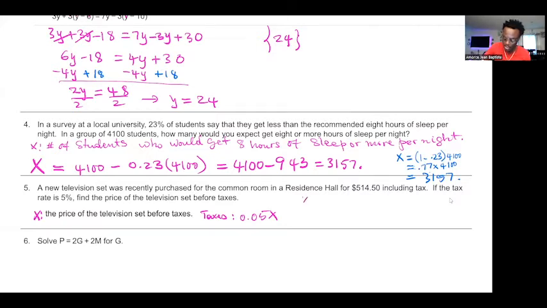So I'm going to have X plus 0.05X equals 514.50. So that gives me an equation, and then the next step is to solve this equation. So combine like terms, that's 1.05X equals 514.50. So divide by 1.05.